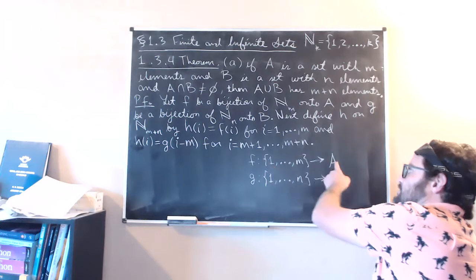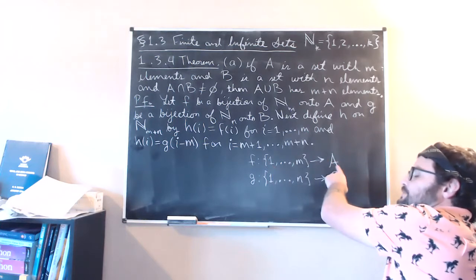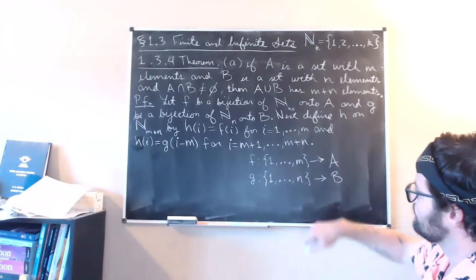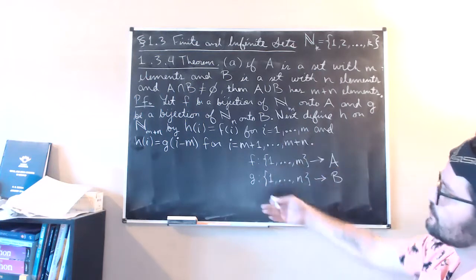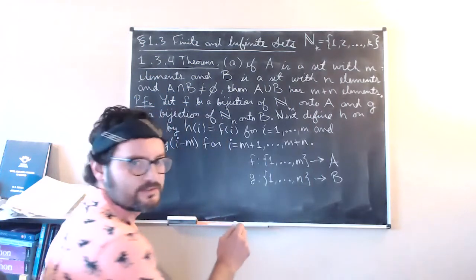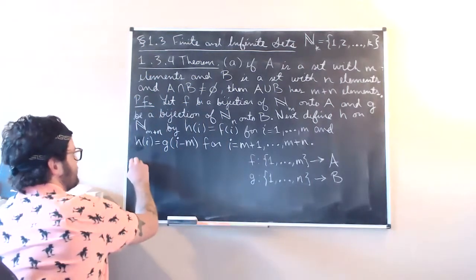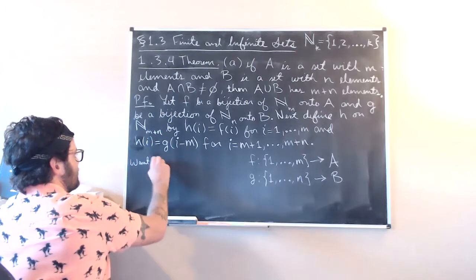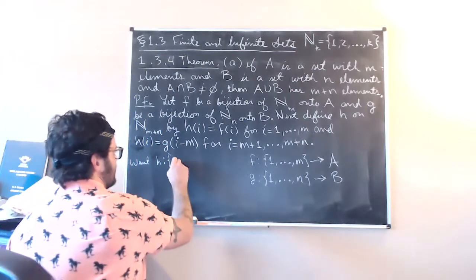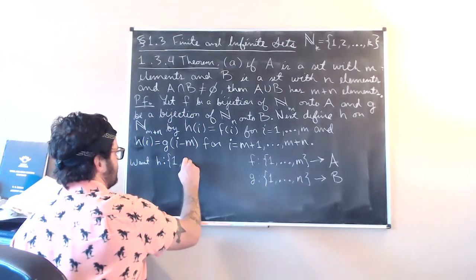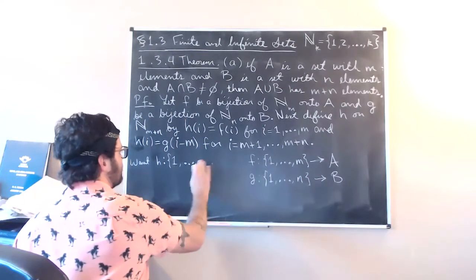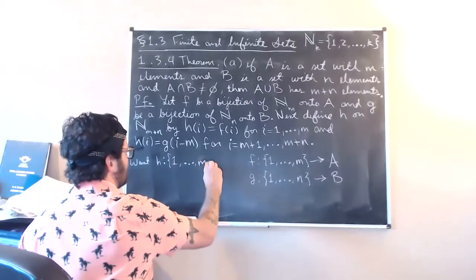So each of these numbers gets sent to a unique element over here, and everything over here has something that was sent to it from over there. Right. So how does H work? We want H to be a bijection from the set 1 up to m plus n.